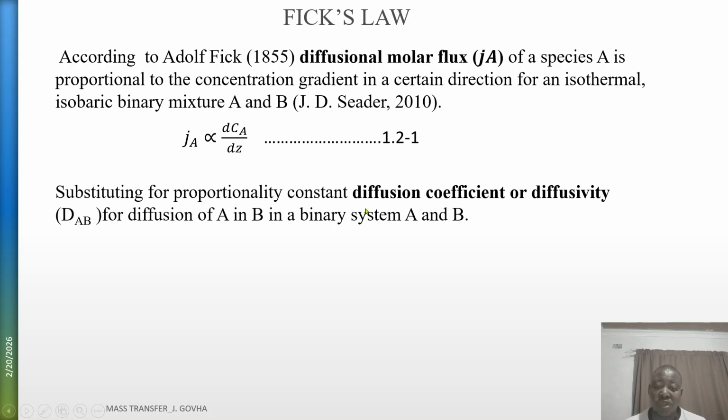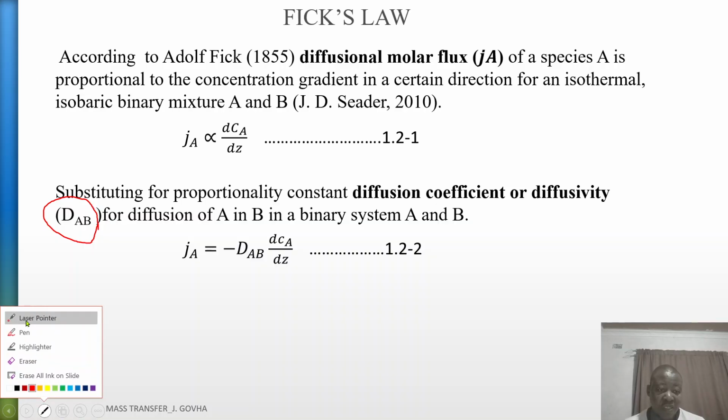Right. We can now remove the proportionality constant and replace it by the diffusion coefficient, or diffusivity, which is DAB, and this is again for a binary system.